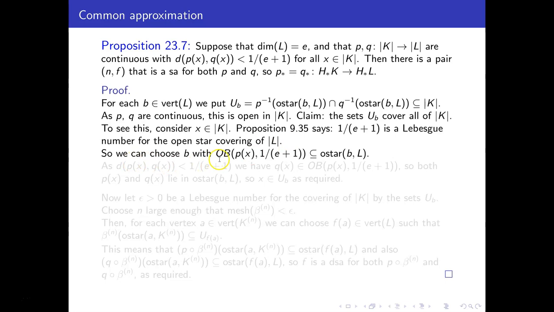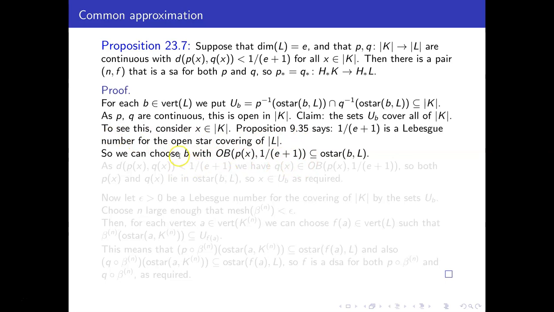So that means that if we look at this open ball of radius 1 over E plus 1 around the point Px, then that's a ball of radius less than the Lebesgue number, and so it's contained in one of the sets of this open star covering.